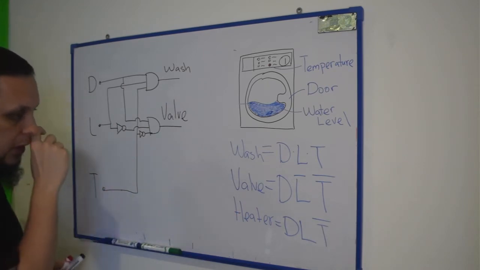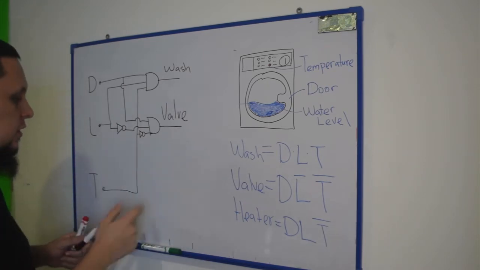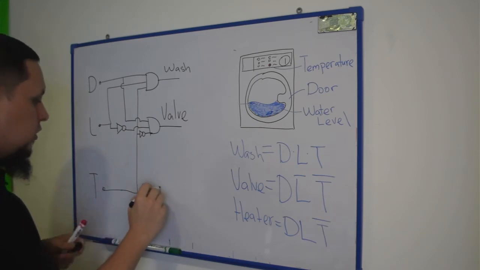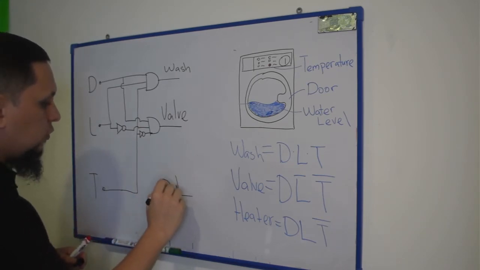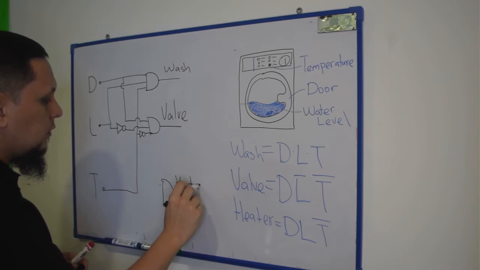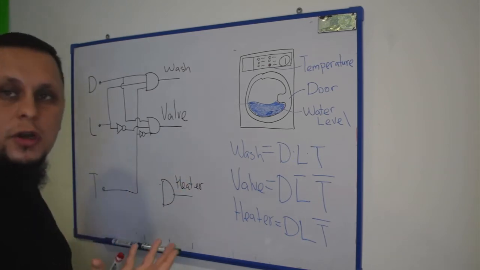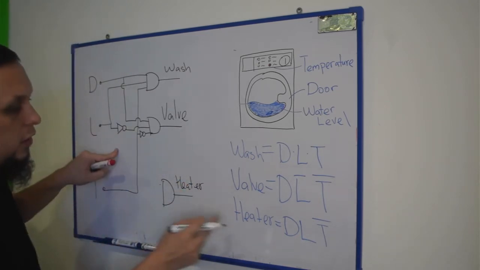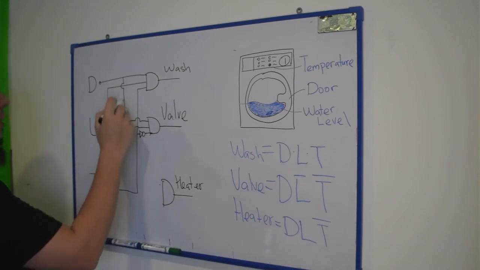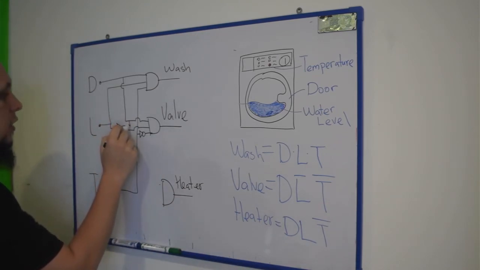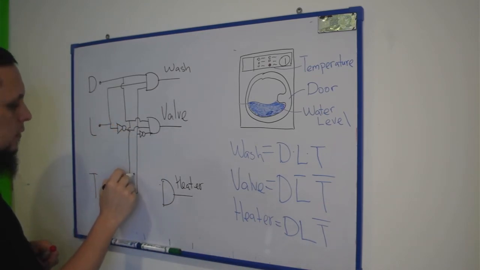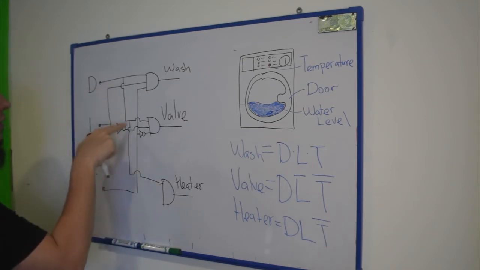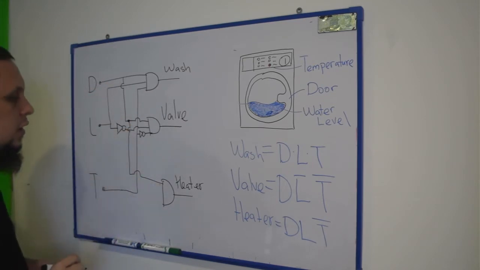Okay. Now, the last one is the heater. When are we going to turn on the heater? This is the output for the heater. We turn on the heater when D is high, so we connect D again, coming from the D here.